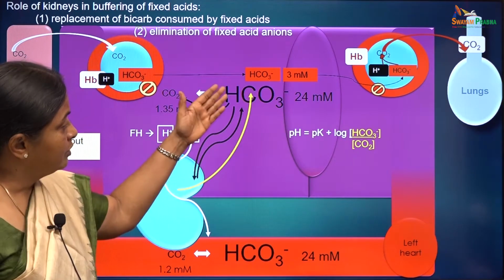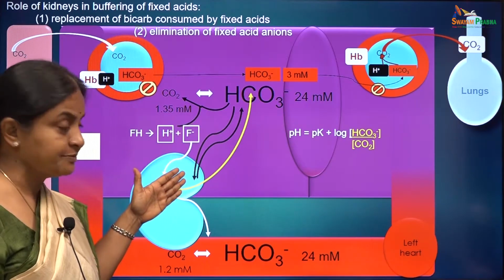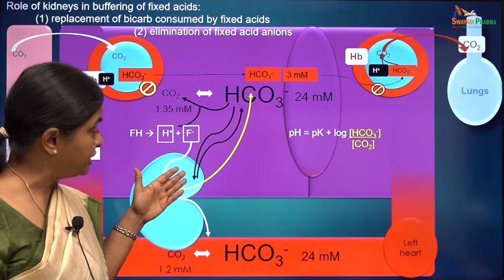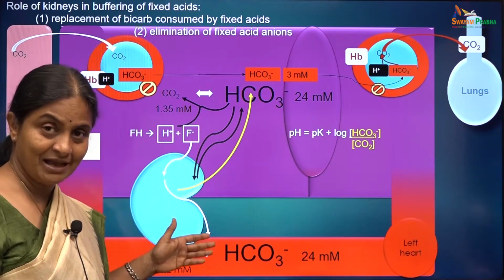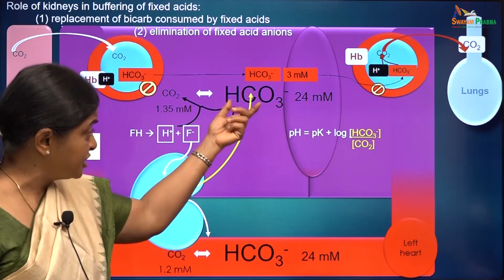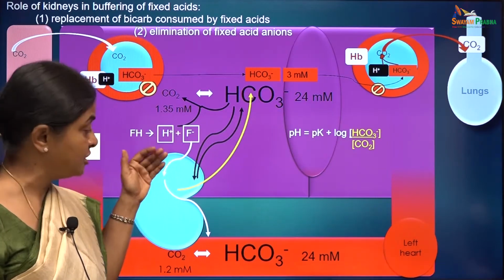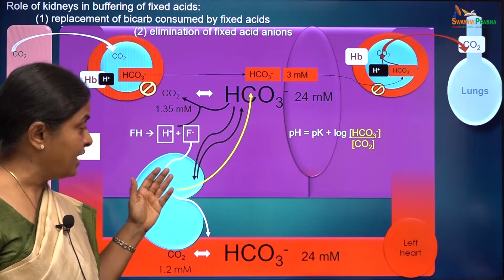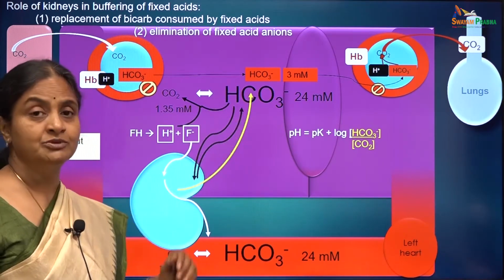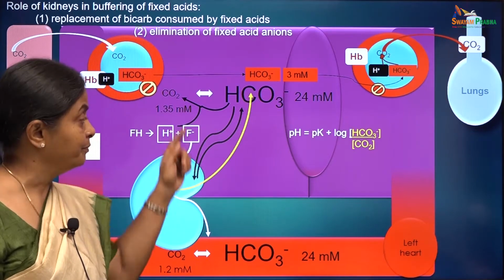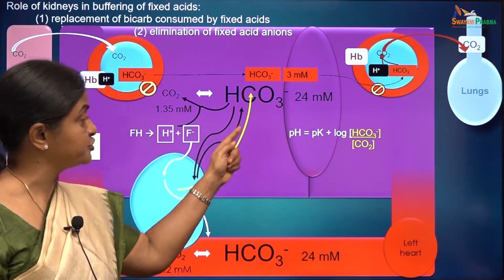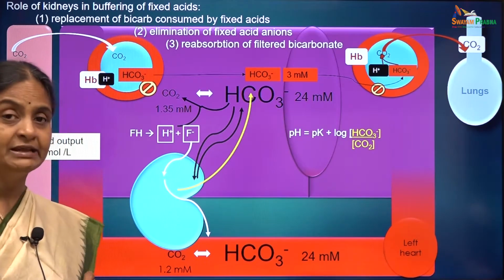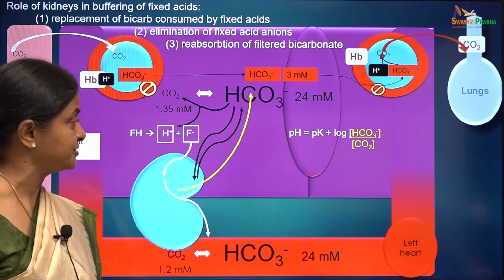Therefore, all the bicarbonate in plasma will be freely filtered in the glomerulus, but the body cannot afford to waste that bicarbonate because it is required for buffering of fixed acids. Bicarbonate is a very important ion, and therefore all of it is reabsorbed in the proximal tubule. Bicarbonate reabsorption in the proximal tubule is the third important role that the kidney plays in pH regulation.